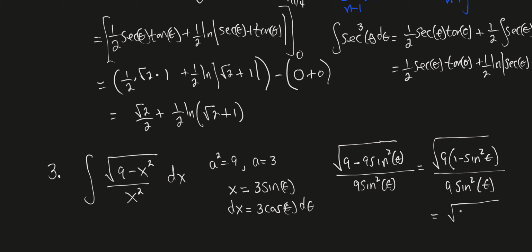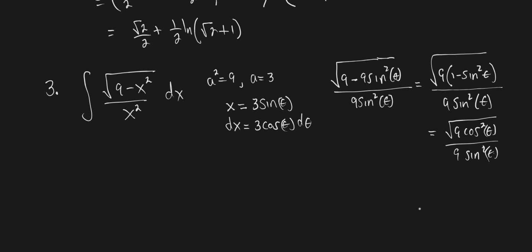So I have now the square root of 9 cosine squared theta over 9 sine squared theta, and there is our perfect square. So that square root reduces to 3 cosine theta over 9 sine squared theta. So that's 1/3 cosine theta over sine squared theta.